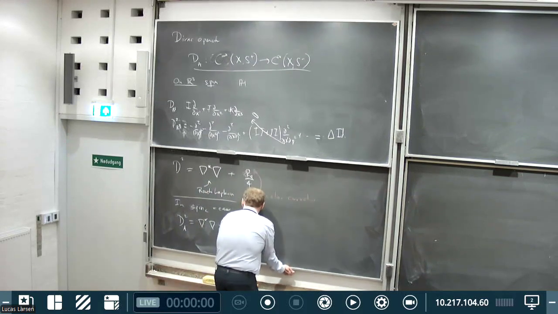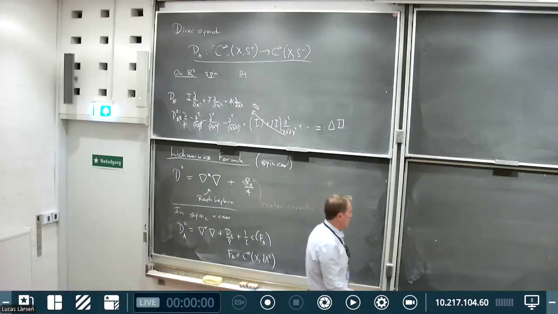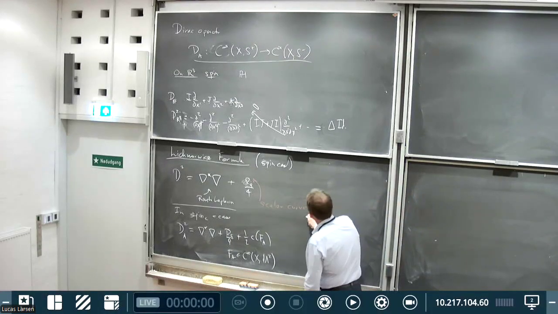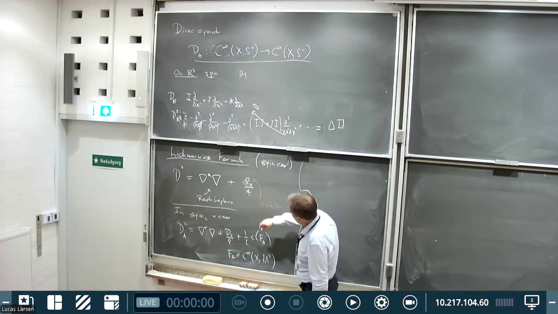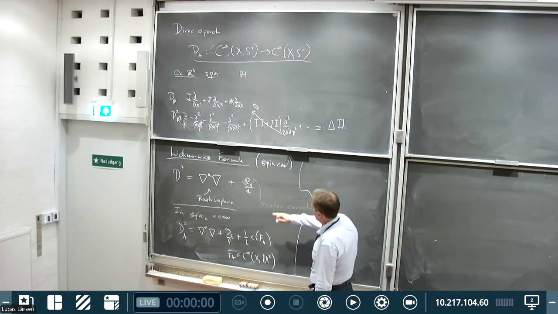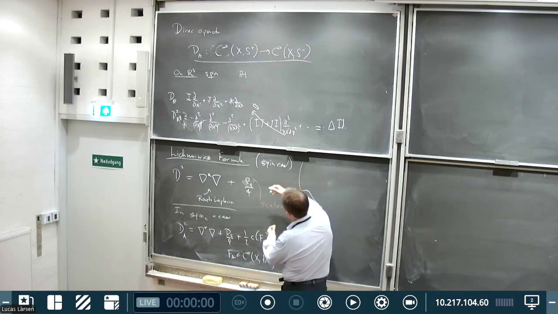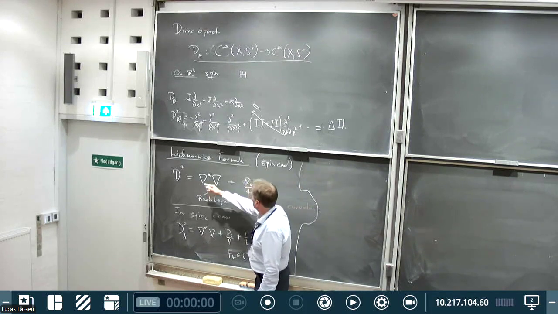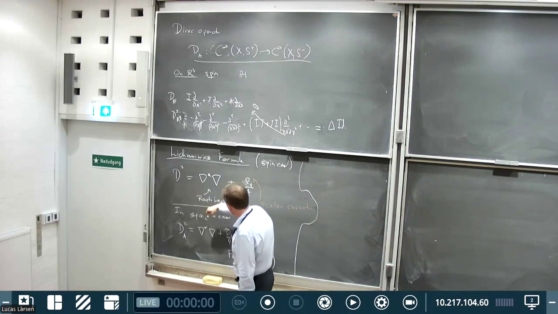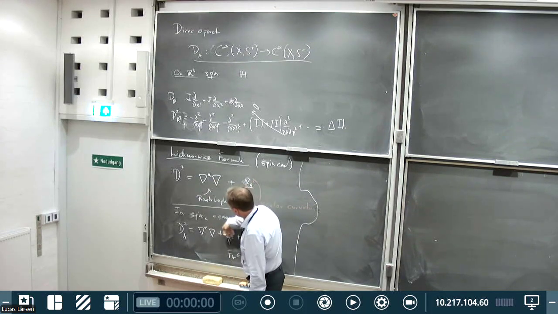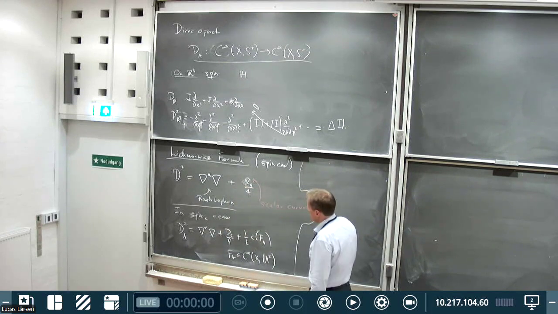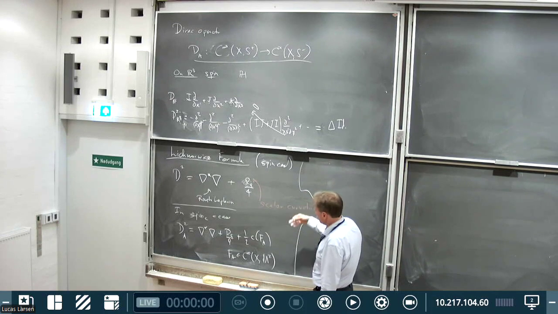Now, Lichnerowicz's formula has an interesting consequence. Remember, we figured out what the index was in dimension 4. The index of the Dirac operator is minus an eighth the signature, and in the spin C case, minus the signature plus c1 squared, over 8.